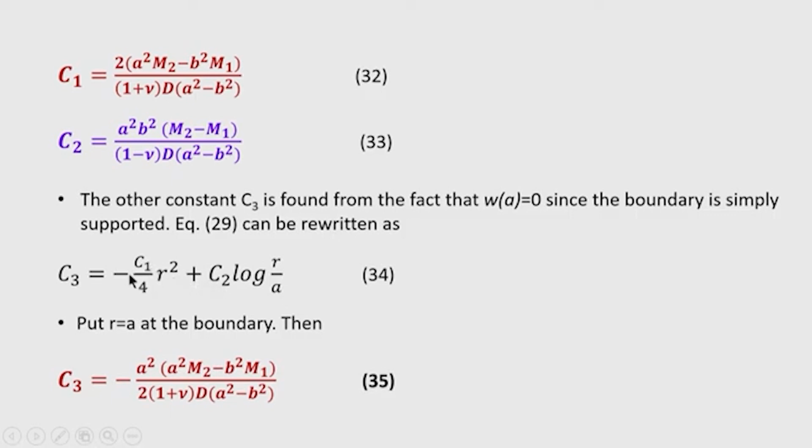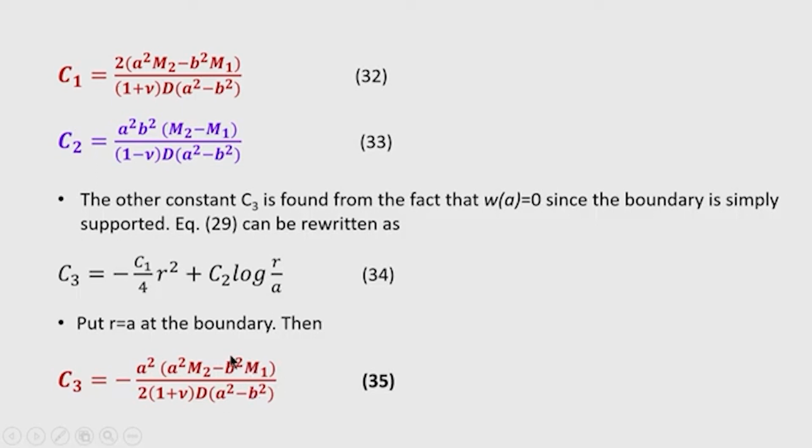So, now substituting C 1 and C 2, you can now get C 3. So, C 3 is calculated as this, C 3 is equal to minus a square by 2 into (a square m 2, m 2 is the bending moment at the outer edge, minus b square m 1) divided by (1 plus mu) into D into (a square minus b square).